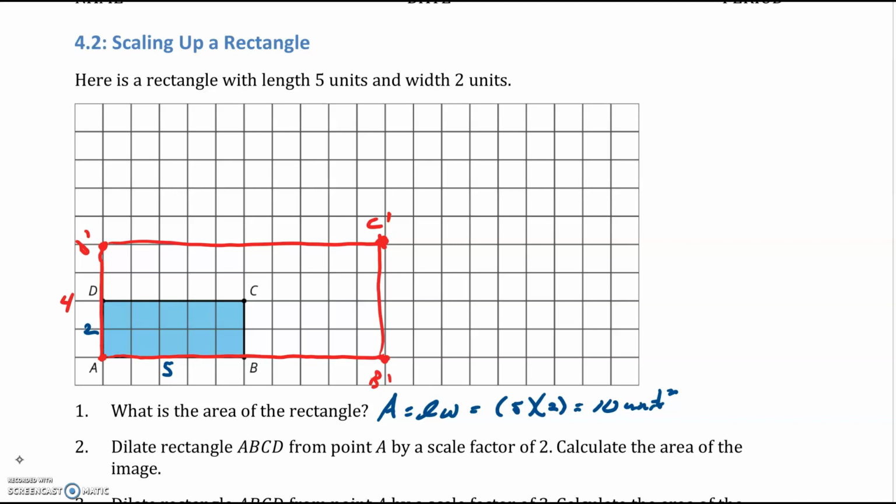And the length of segment AB prime is going to be twice as big as 5, or 10. Now we can find this area by doing the length times the width. Our new length is 10. Our new width is 4. So the area of this rectangle is 40 square units.